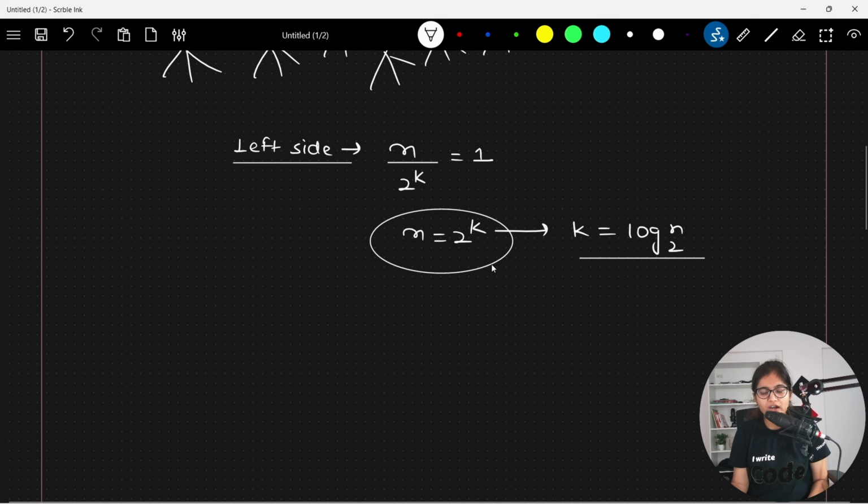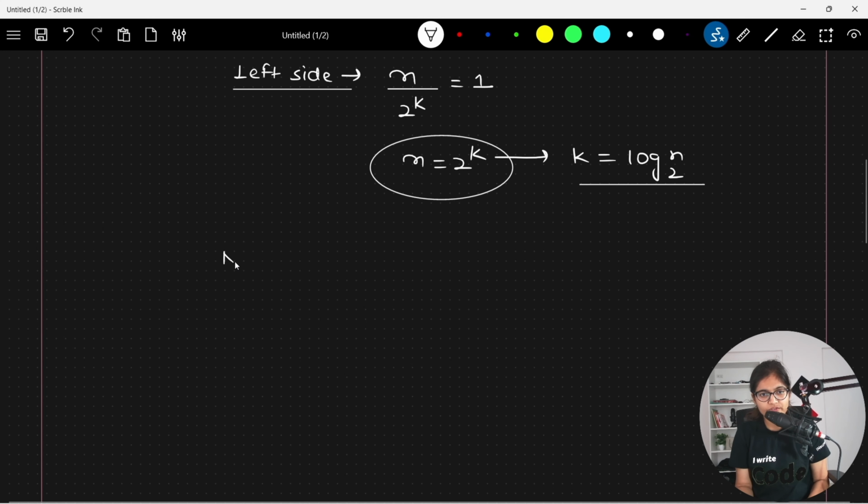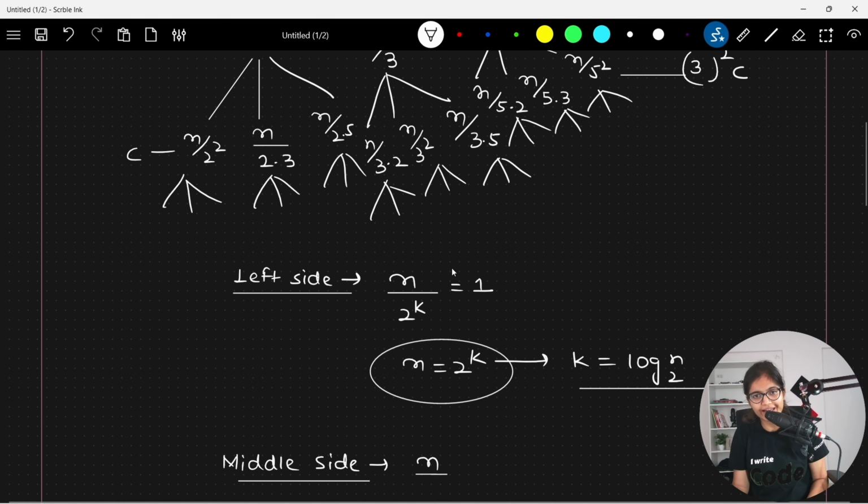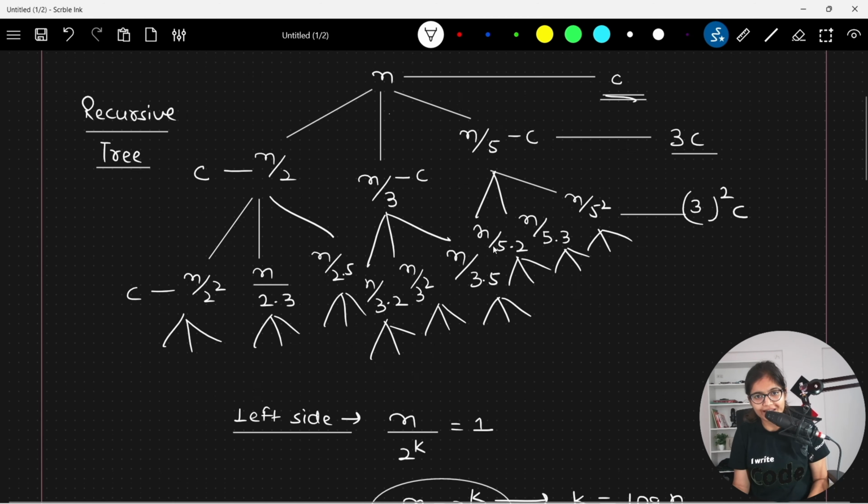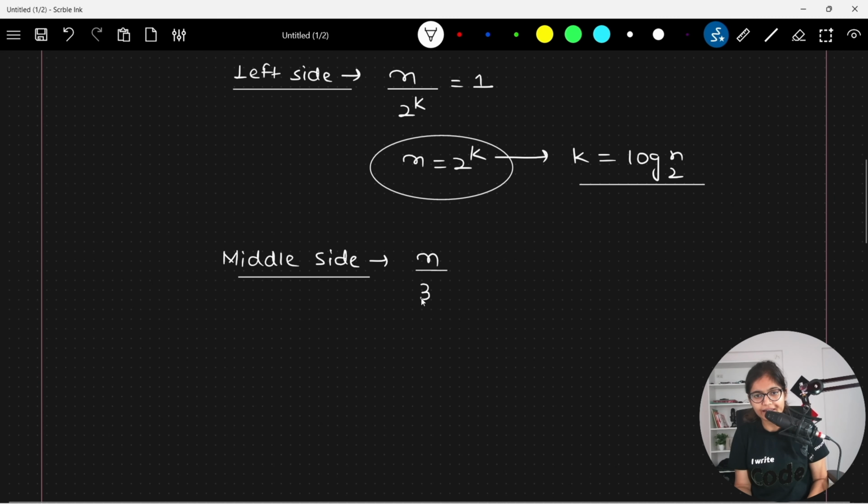Suppose we are talking about the middle side, at that point we are saying that we have n by 3 to the power k, because at each and every time in the middle portion we are dividing the values by 3 by 3 by 3 and so on, which is equal to 1.